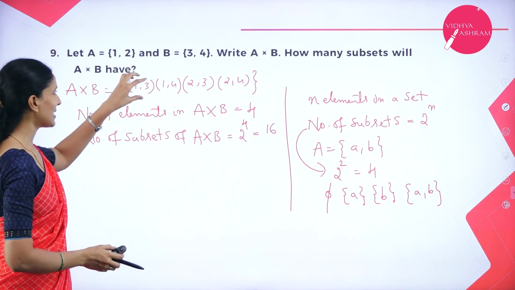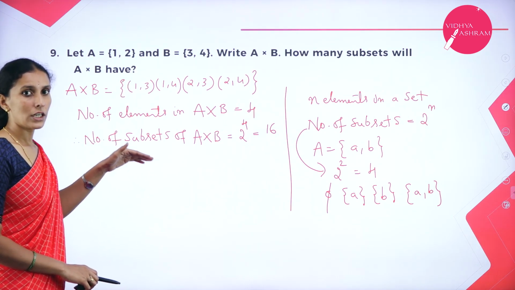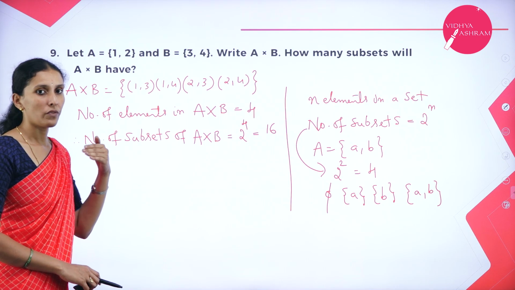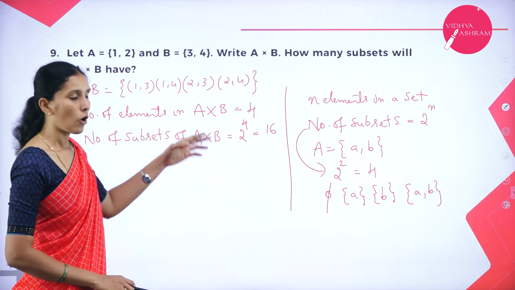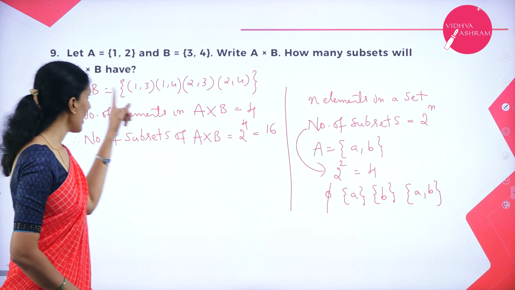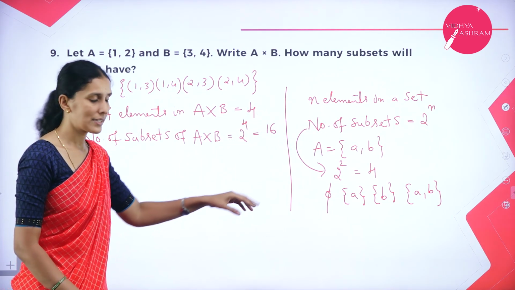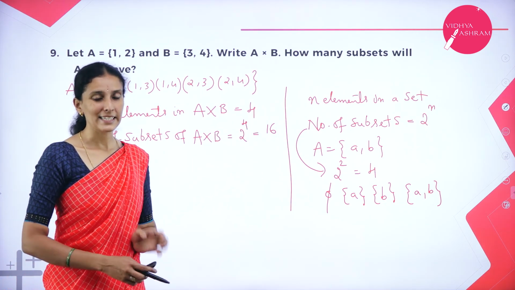Here you can form 16 subsets of A cross B. This gives rise to the definition of relation, which we will study in the next session. So the number of subsets of any set is given by 2 power n. Since A cross B has 4 elements, the number of subsets is 2 power 4, which is equal to 16.